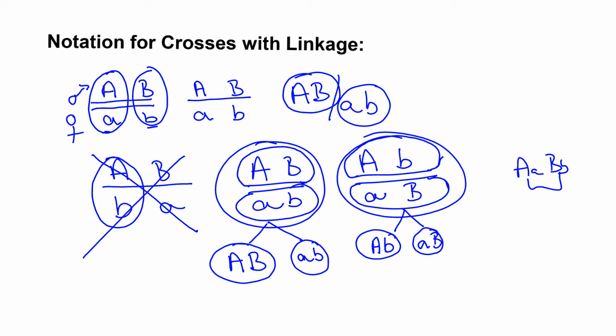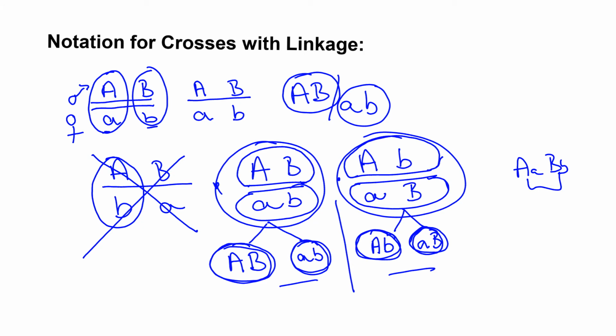However, if you consider fully linked genes, complete linkage, and you perform a test cross, you remember you test cross with homozygous recessive, you will see that offspring of these two parents will be different. And it's why the arrangement of the genes on chromosomes when the genes are linked is very important.